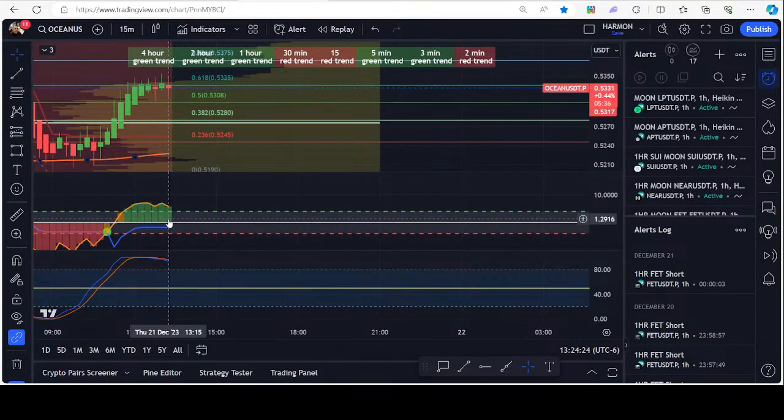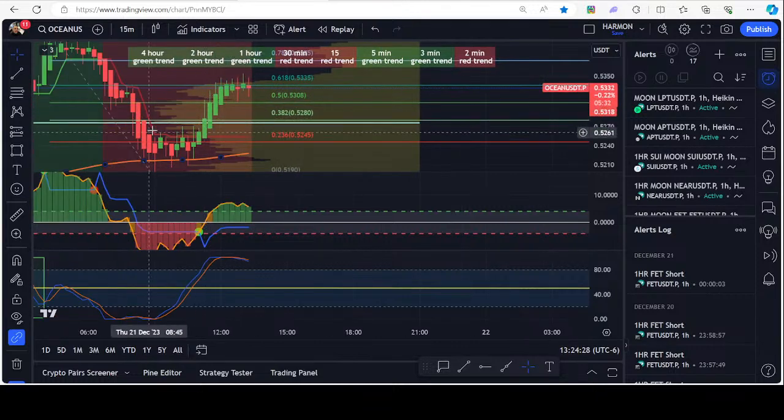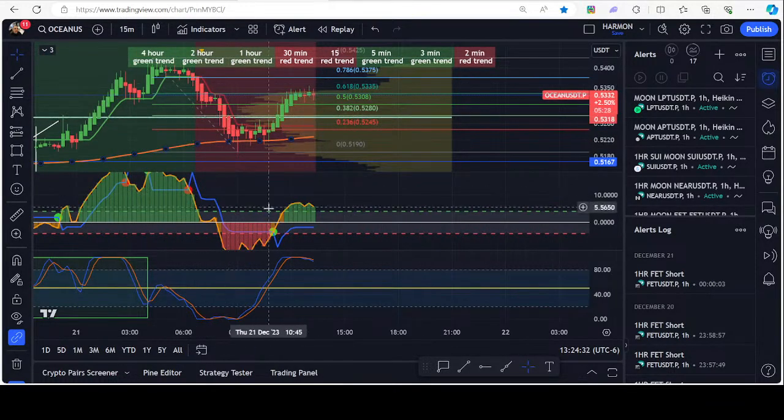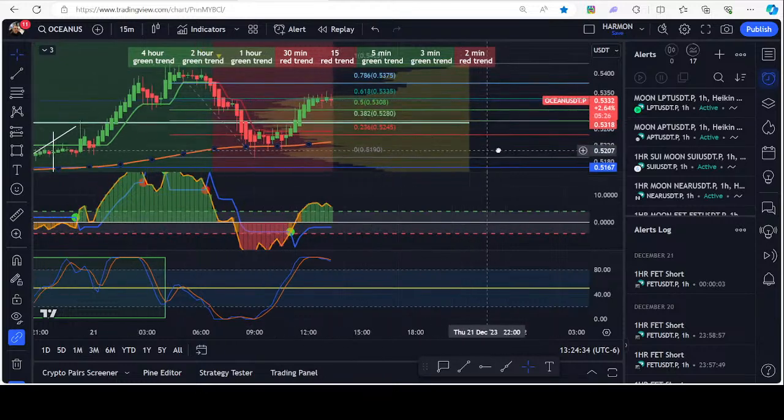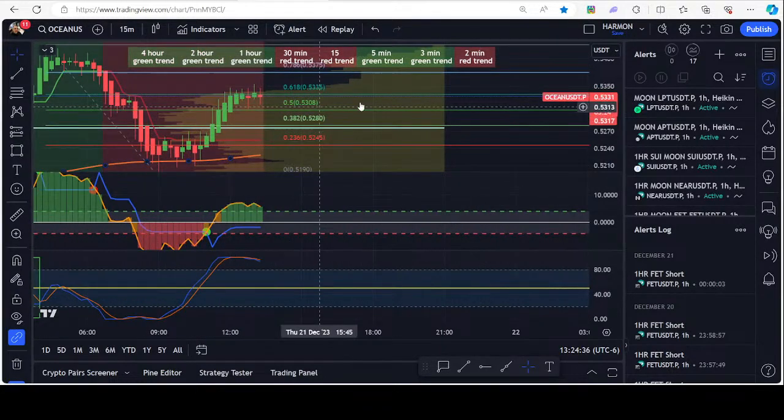You need your 15-minute green moon and trend popping in, which we're already in a trend, right? So here's your 15-minute, right? Red moon, red trend, green moon. So the only thing you need here is a red moon on the 15-minute.